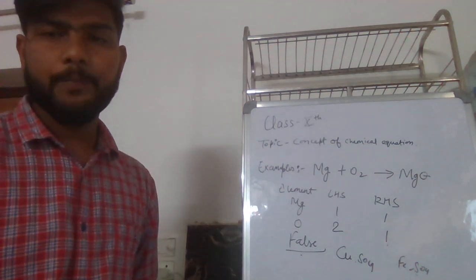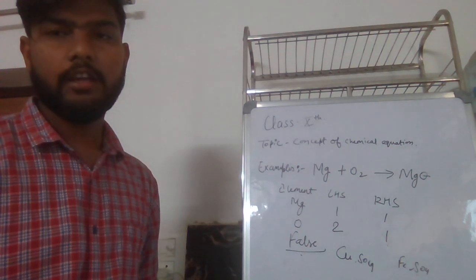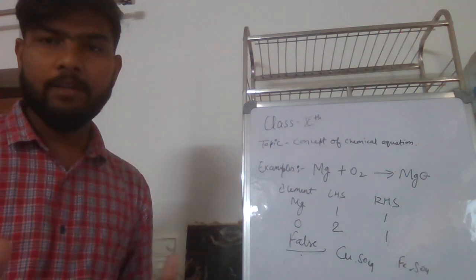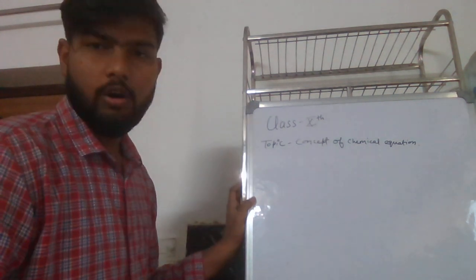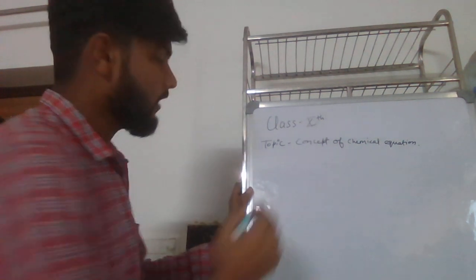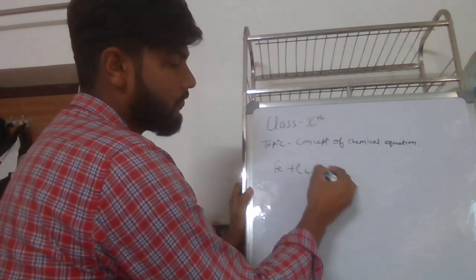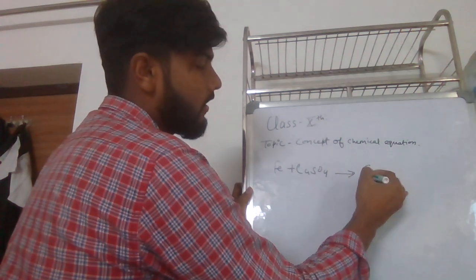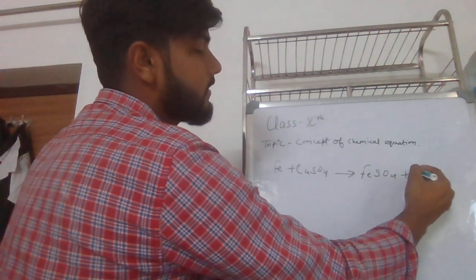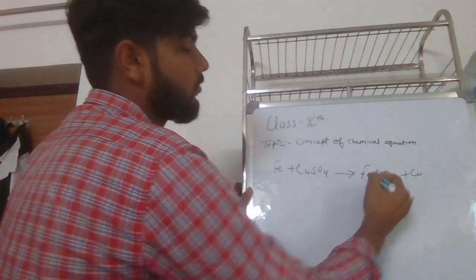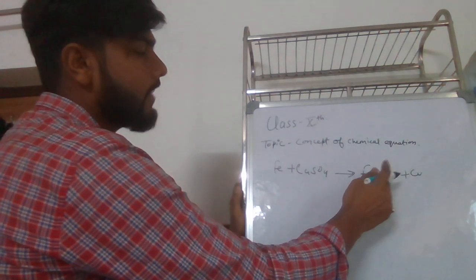Here in this reaction we can find the following. In the chemical equation I am giving, Fe plus CuSO4 reacts to give FeSO4 plus Cu.